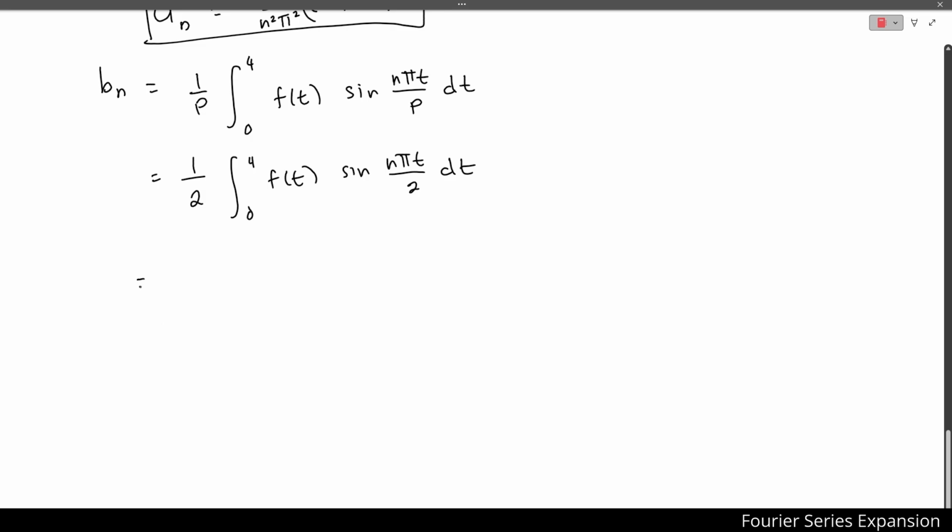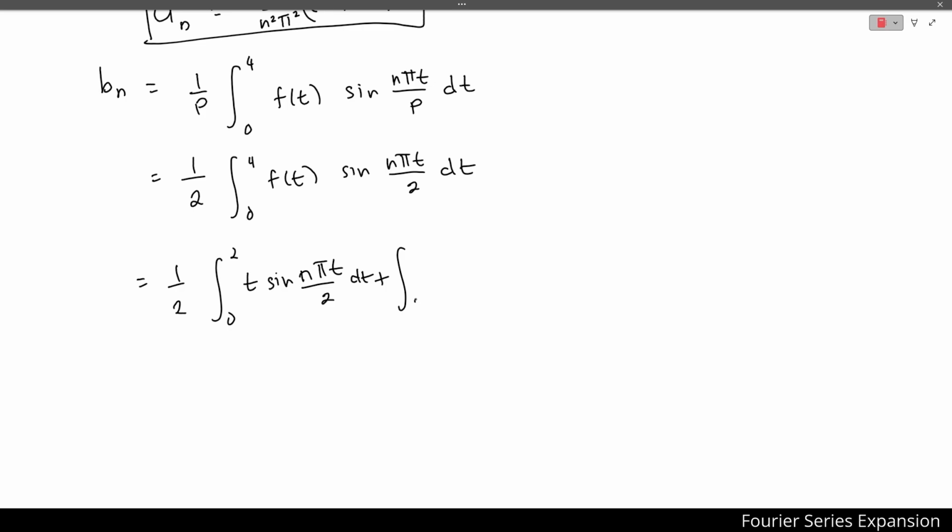And gagawin natin, hatiin natin siya. 1 half of integral 0 to 2 of t sine n pi t over 2 plus integral 2 to 4 of 2 sine n pi t over 2.